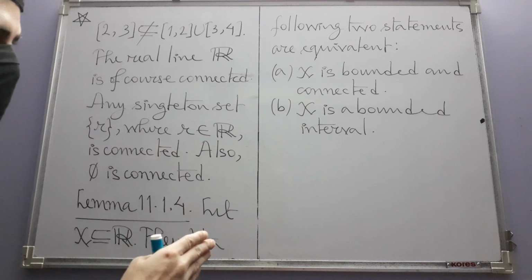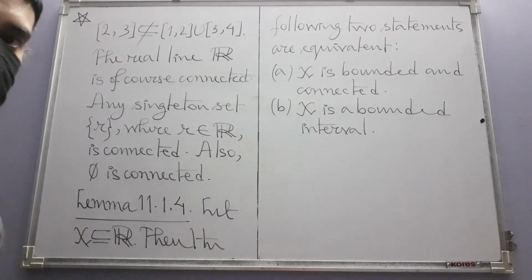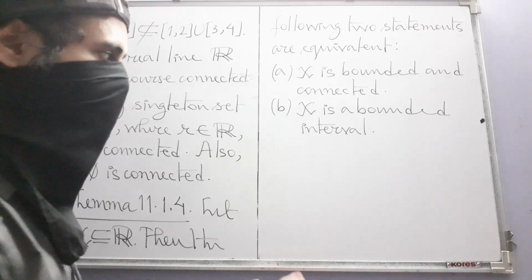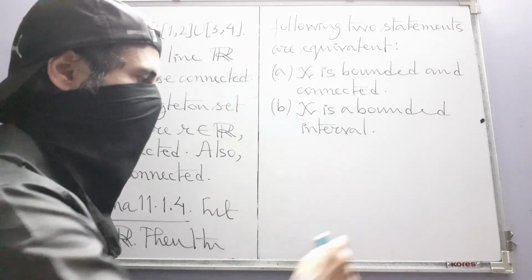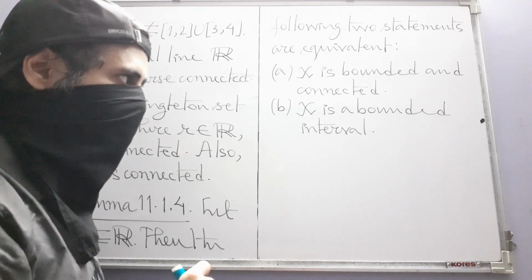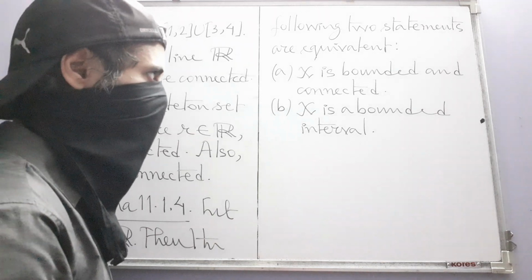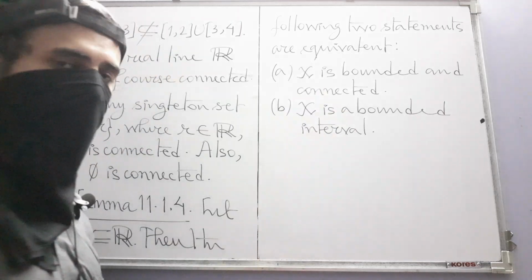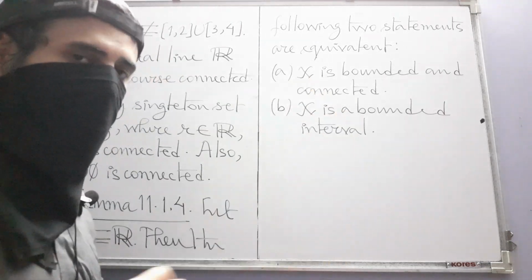So this becomes very convenient when later on we have to use intervals here and there, and that time we will have occasions to consider subsets of R such that we need to show that it's an interval, it's a bounded interval. Then this is how we show that it's a bounded interval. We show that it is bounded as well as connected.